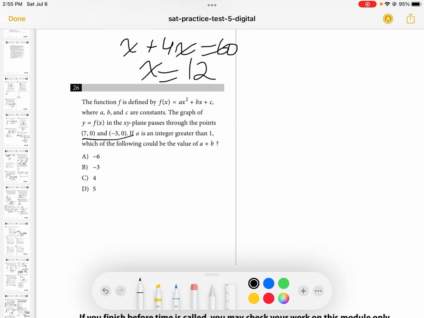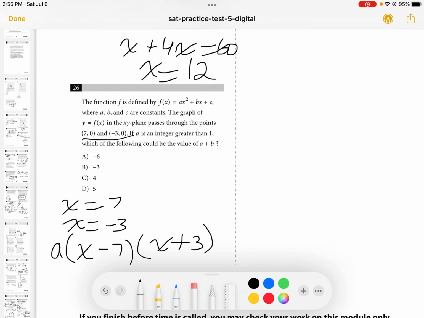Okay. So we know our zeros. Our zeros are at x equals 7 and x equals negative 3. So our function will be of the form a times x minus 7 times x plus 3. Right?